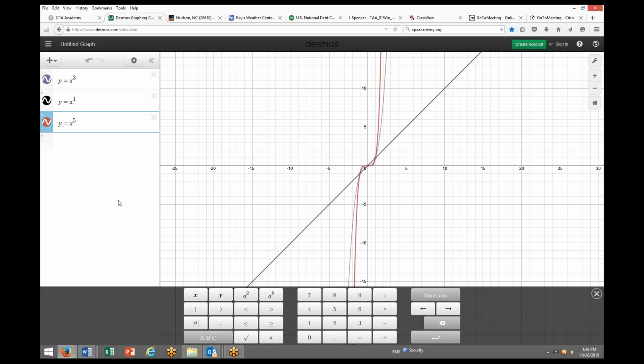And by the way, this ultimate direction which it goes is true regardless of how many other terms we have in here.